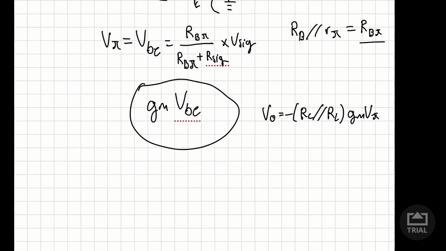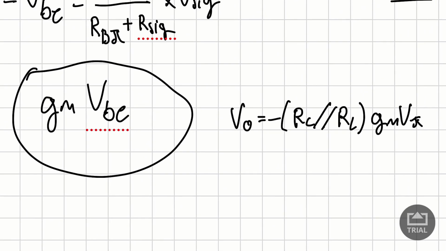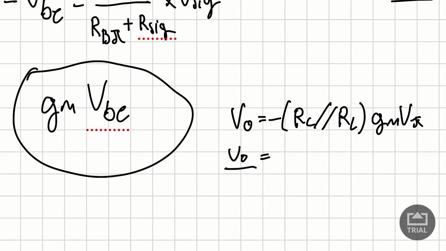So now that we've found this expression over here, what we can actually do is divide out our V pi. Actually, you know what I'm going to do? I'm going to write this as RCL, the parallel combination of these two, and then multiply this by GM.